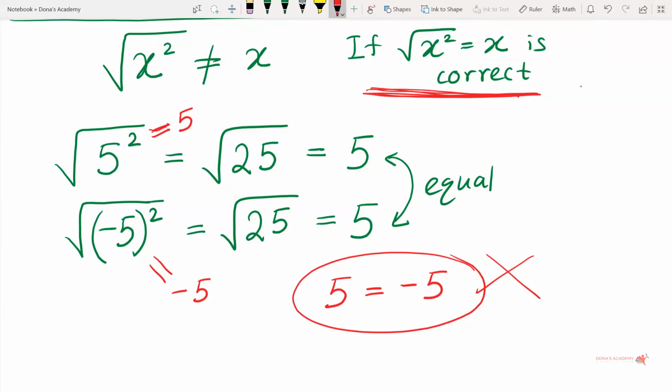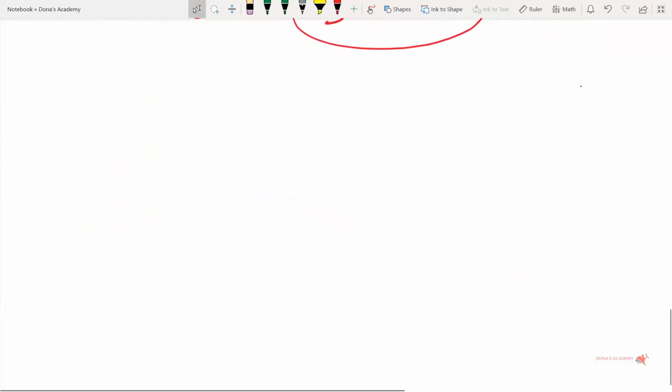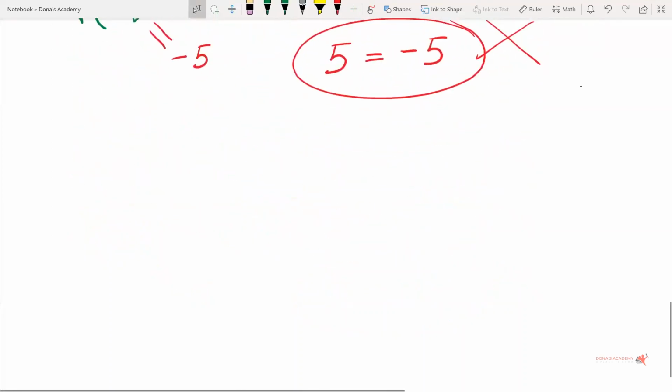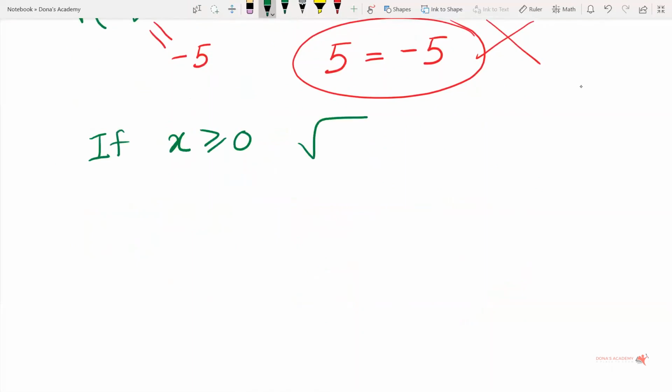So indeed, this is the correct thing we have to have. If x is positive or 0, then square root of x square is exactly x. If x is negative, then what is square root of x square?